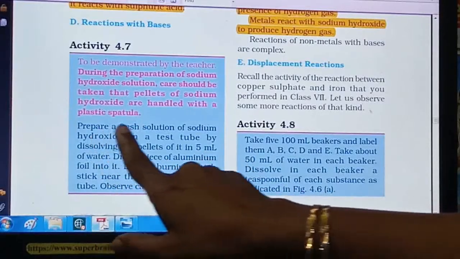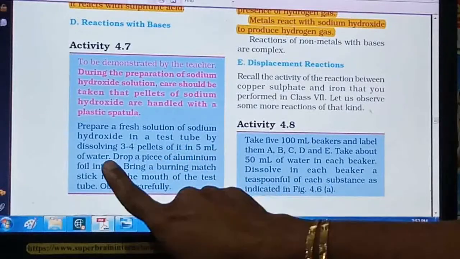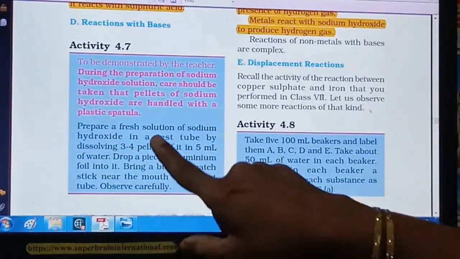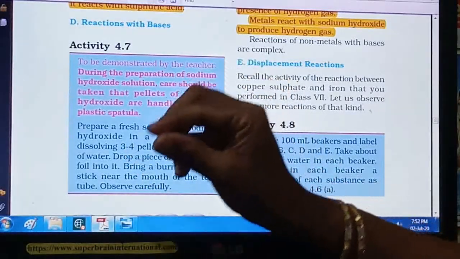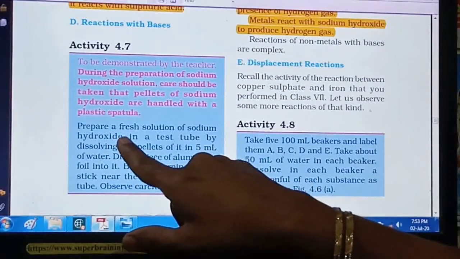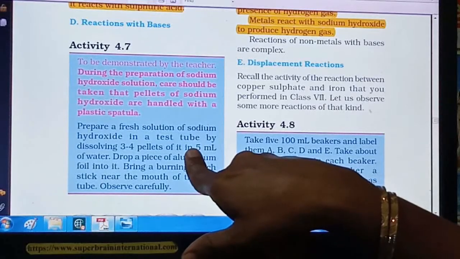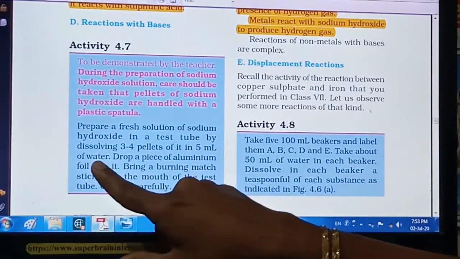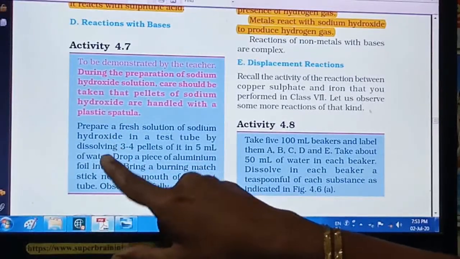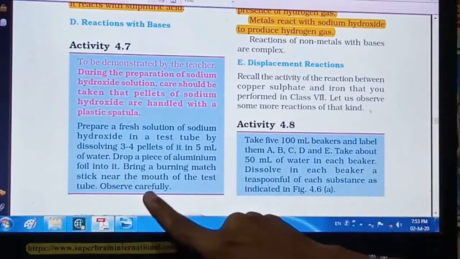Prepare a fresh solution of sodium hydroxide in a test tube by dissolving 3 to 4 pellets of it in 5 ml of water. Yes, sodium hydroxide's white pellets are available in the lab, right? So just take 3-4 pellets in the test tube, add a little amount of water, that is 5 ml of water, and try to dissolve these pellets of sodium hydroxide.